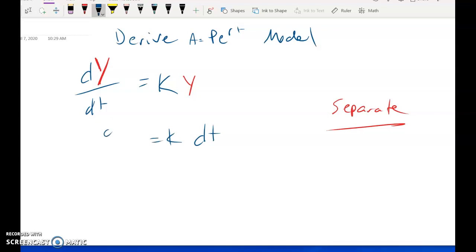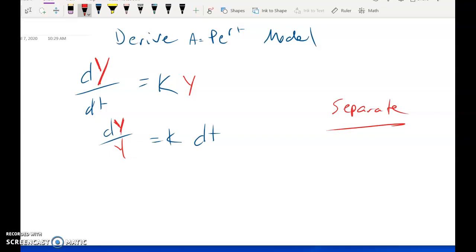What I'm left with is dy over y equals k times dt. So I just separated. I put the y with the differential y on the left, and I put k, the coefficient, some real number value, with the differential t on the right. So k can be 3 or 8 or 22 or pi, it doesn't matter.